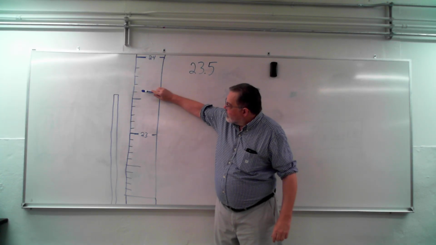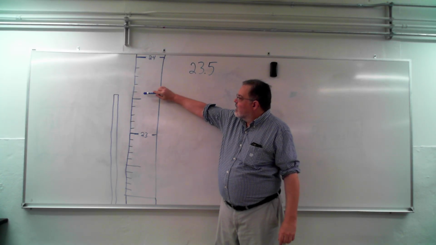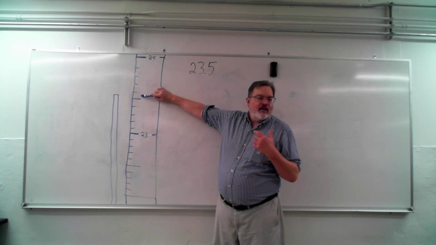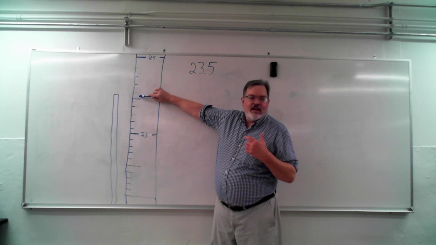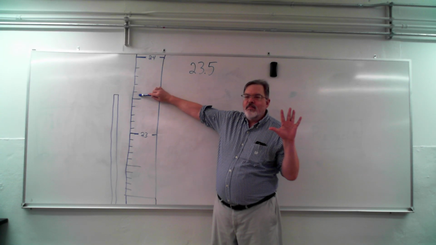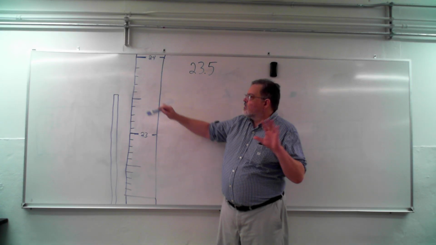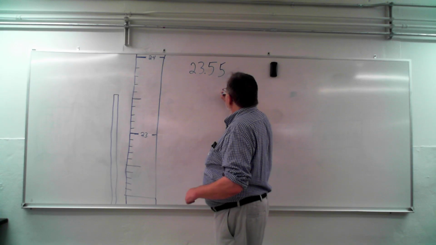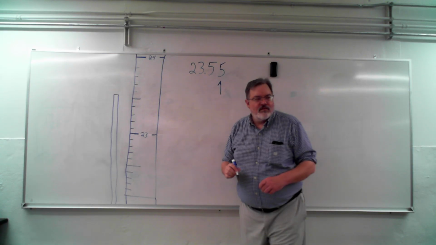If you look between this line and this line, you can sort of in your own head go, okay, if there were 10 more divisions just in here, that's right about the 5 point. It's right in the middle, right? So that means this next digit will be a 5. So there's always that estimation of the last point.